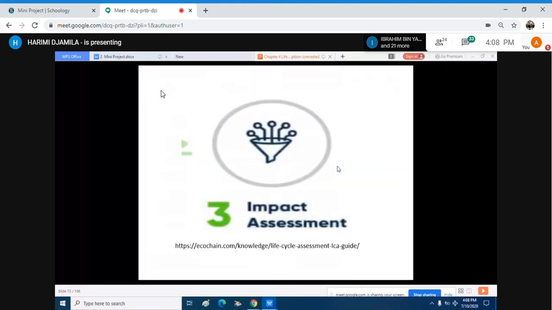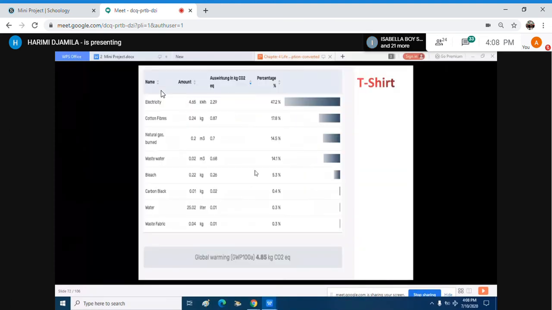I think this is a good example for impact assessment. It's the same example of the T-shirt. Here we assume the emission of pollutants, so we only consider the carbon dioxide equivalent.